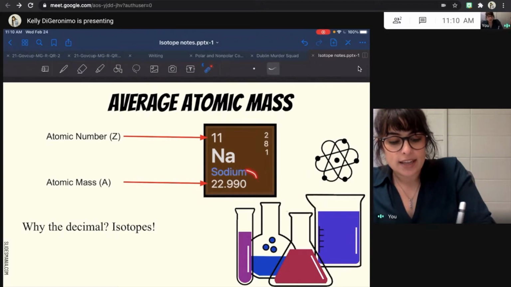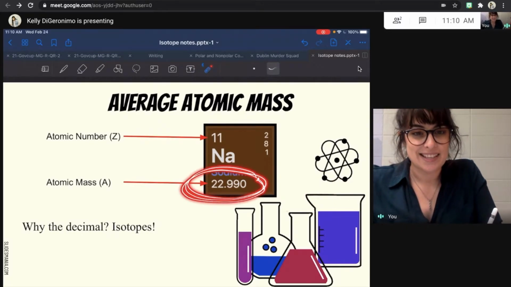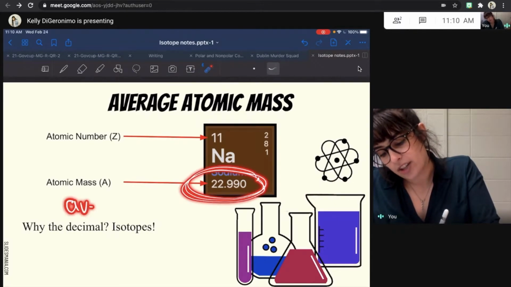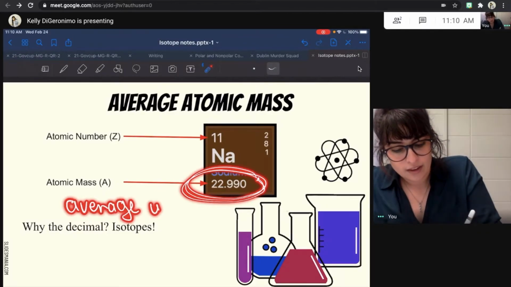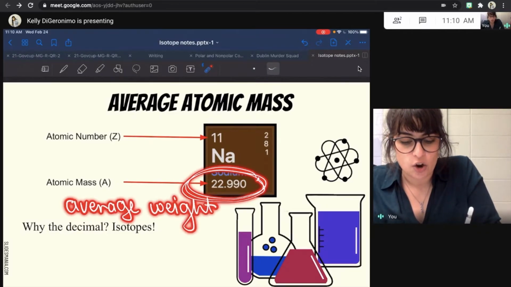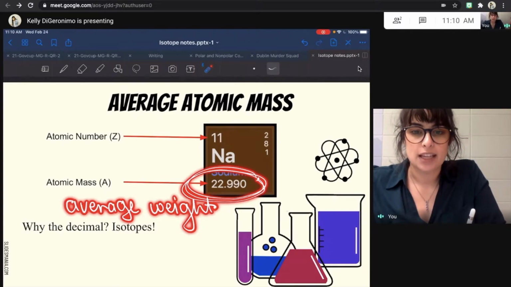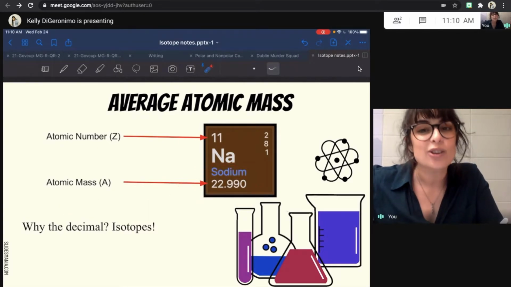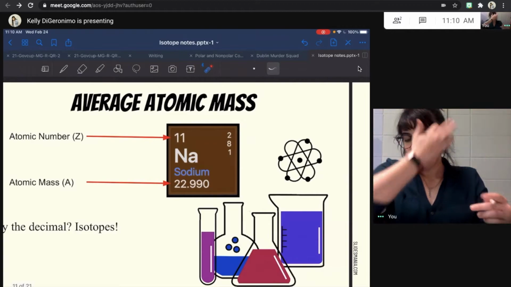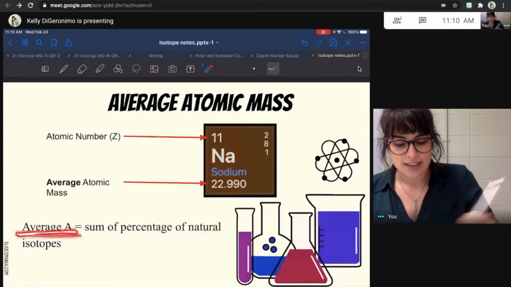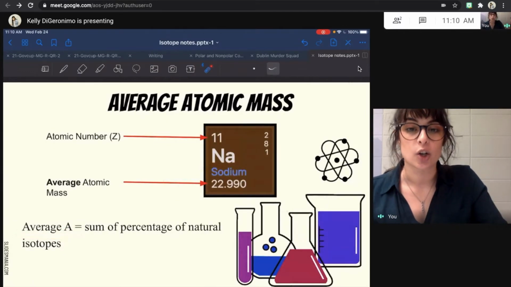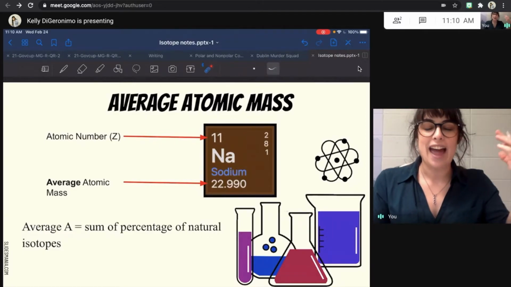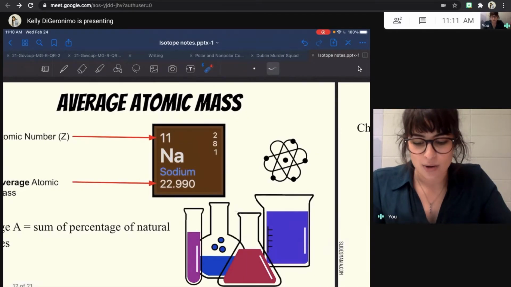So when we take this atomic mass, the way that we get to this number is we take the average weight of all of the isotopes of sodium, and we average them together to get that best estimate that's near 23. So this average mass is the sum of all the naturally occurring isotopes, so ones that exist on Earth in a certain amount.